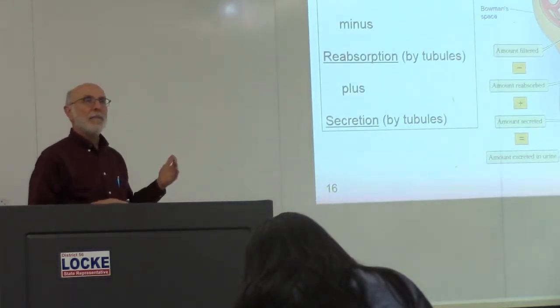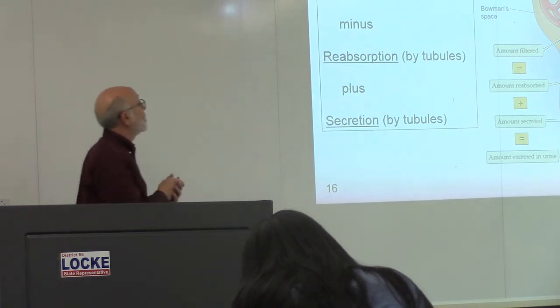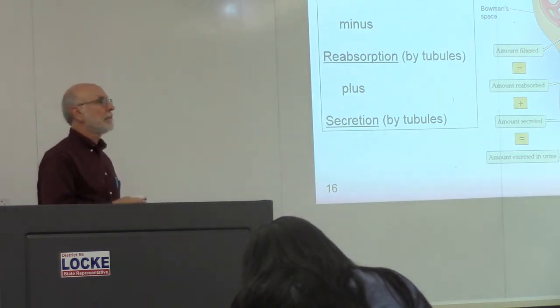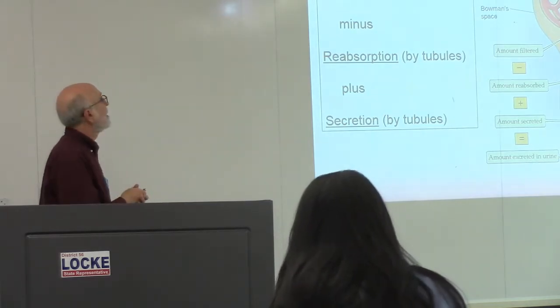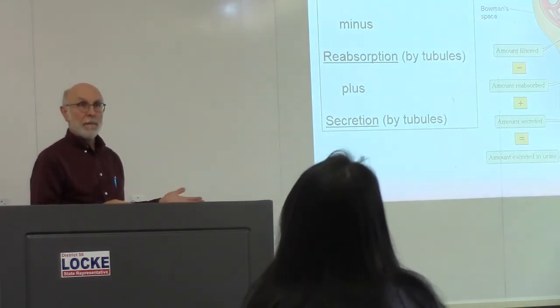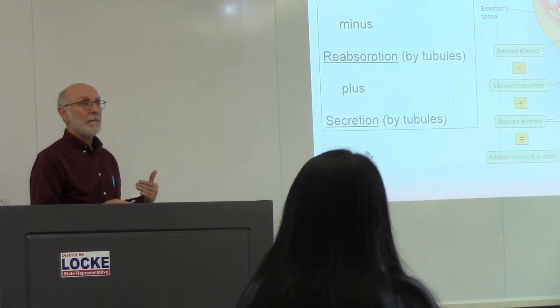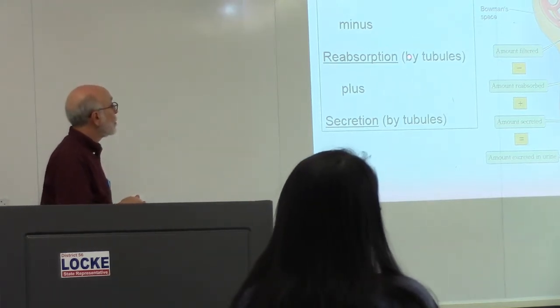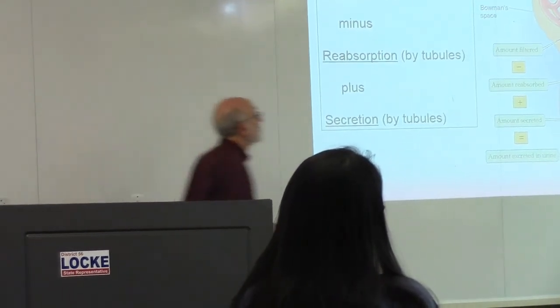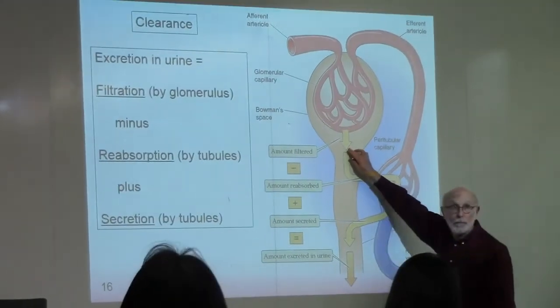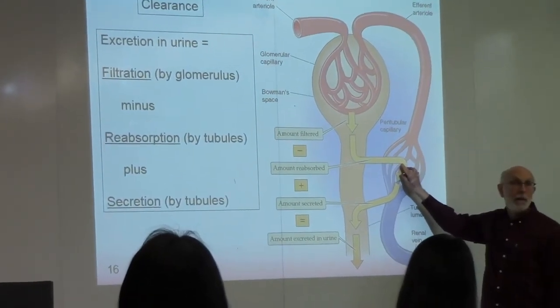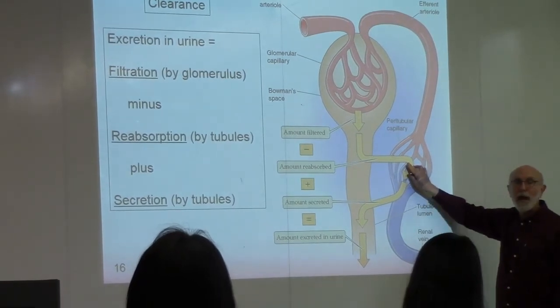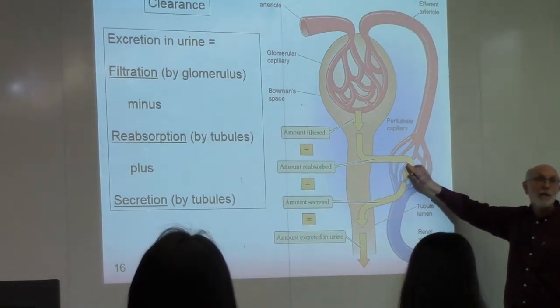So let's talk about the overall processes of excretion. Excretion means it's in the urine. There's three things that go into excretion. Filtration is the first step by the glomeruli, and then the tubules reabsorb, so filtered, and then material can be reabsorbed by the peritubular capillaries and or the vasa recta, the capillaries.